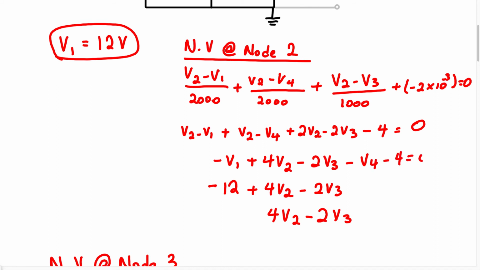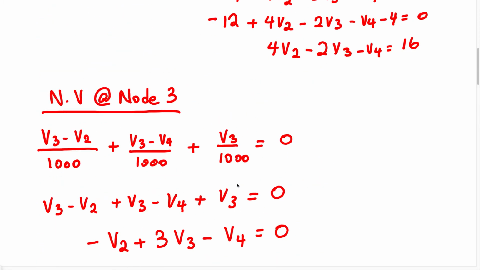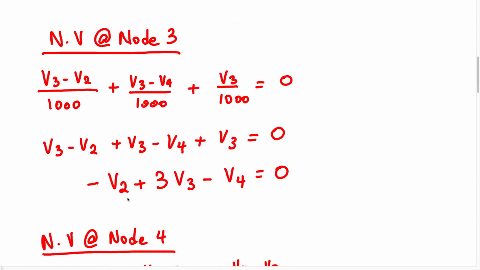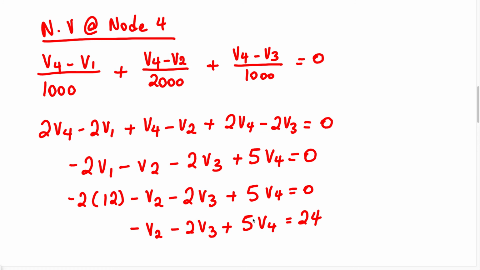Minus V4 minus 4 equals 0. Minus V4 equals 16. Okay, so we have 3 different equations, and all 3 of these equations have the same exact unknowns: V2, V3, and V4.